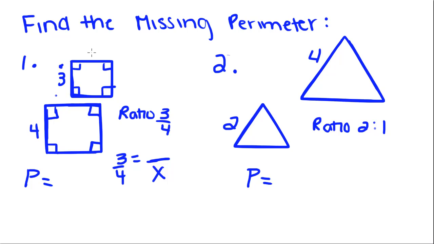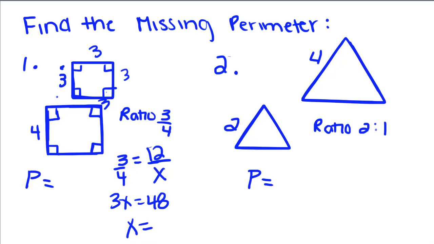So first we have to find the perimeter of this square. So 3 plus 3 is 6, plus 3 is 9, plus 3 is 12. So 12. So then we're going to cross multiply, get 48 equals 3x. So then you get x is equal to 16. So the perimeter of this big one is 16.